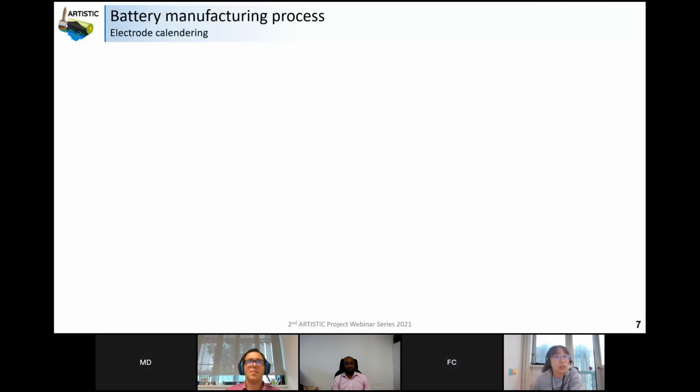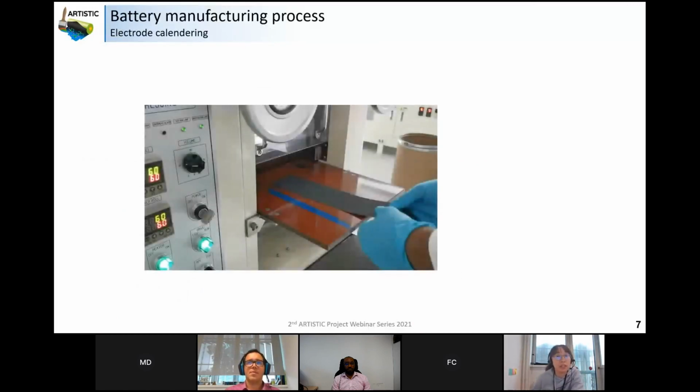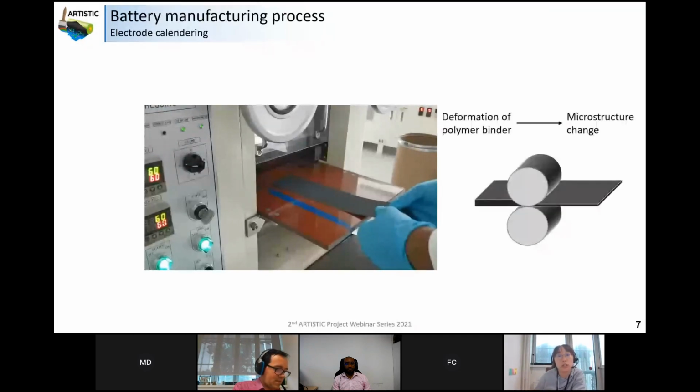Calendaring is a critical step in lithium-ion battery production. It reduces the electrode thickness by applying a compressive force, causing irreversible deformation at the surface of the electrode. The microstructure changes because of the deformation of the polymer binder.